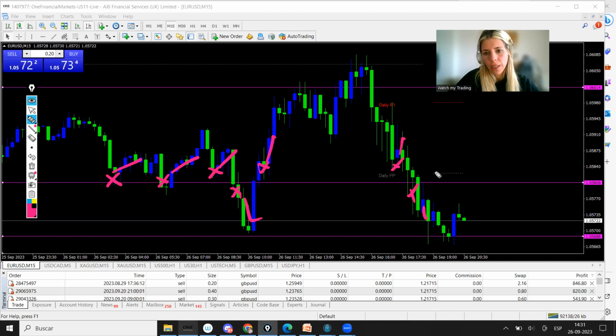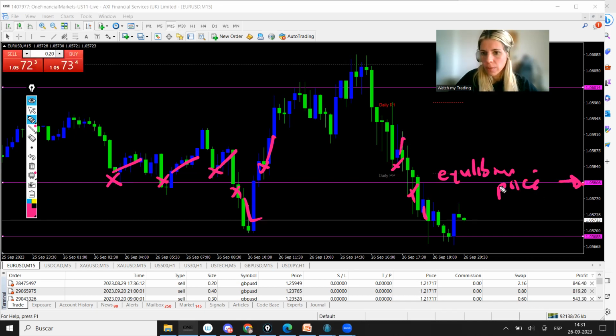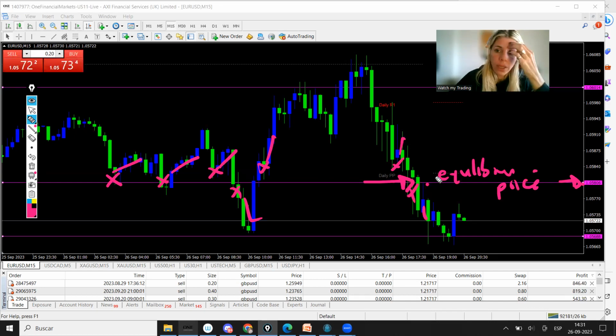So to me, the equilibrium price, which we're going to also talk about the pivot points daily in the future lessons, it was that level that basically you just want to wait and see what happens above or below. Okay, so you wait for the confirmation, you wait to see if you can buy, you wait to see if you can short, but around that price, there's nothing you can do.